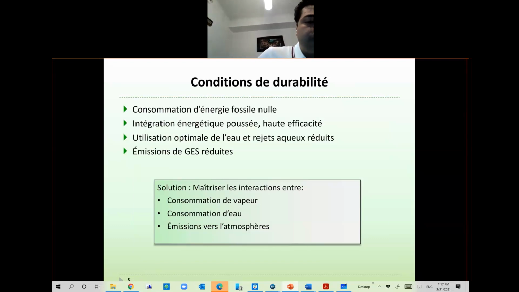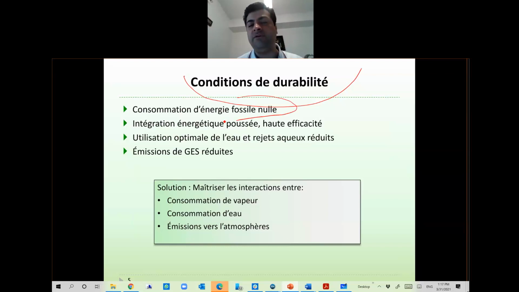When we say sustainable development, what are the conditions for having a sustainable development? Conditions de durabilité. Ideally, when we talk about sustainable development, we don't want to have any fossil fuel consumption. We want to have zero fossil fuel consumption.